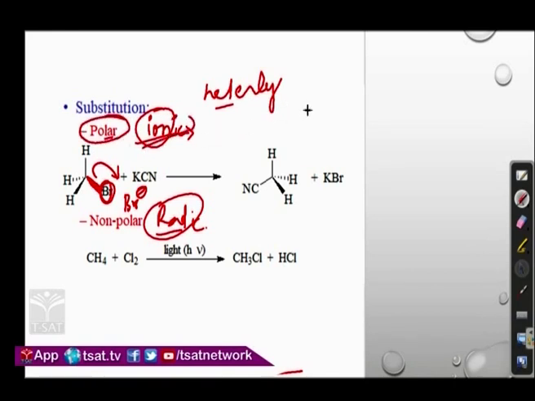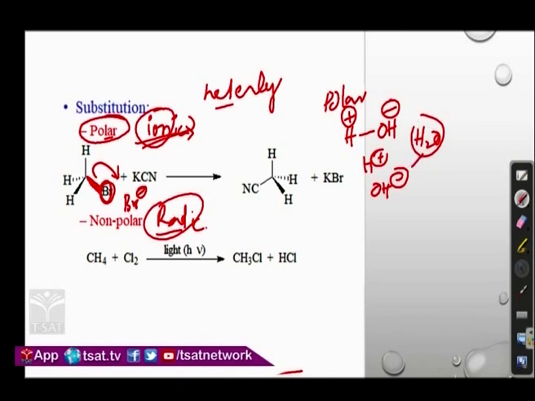What is meant by polar solvent? Polar solvents are the solvents which will create poles. Let's say you have taken H2O, and in H2O it is present in H plus form and OH minus form. The molecule is in H2O form, but when it is dissociated, it is going to give two ions, with a positive pole and a negative pole.